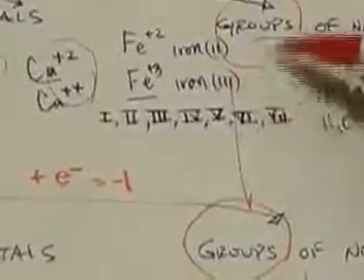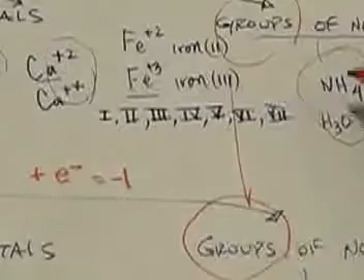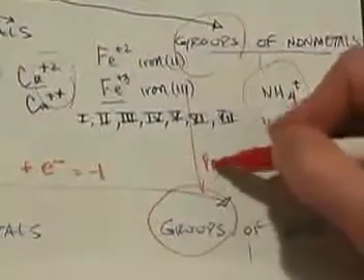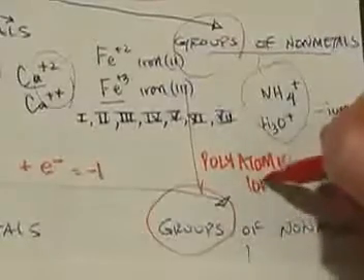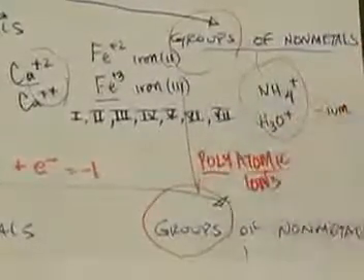These groups that form cations or anions are called by a special name. Since there's more than one atom in them, they are called polyatomic ions. Poly meaning many, atom meaning atom, what they're made up of.